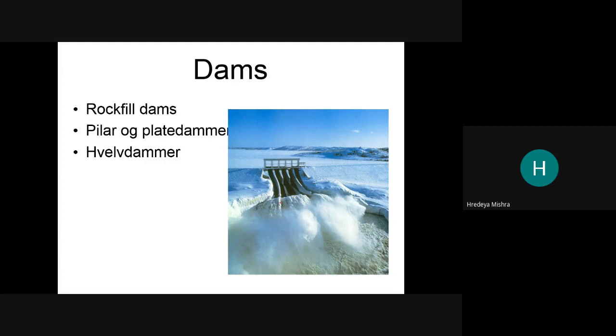See how much the velocity of the water is here. This is the large area where water is stored, and it is released through a very narrow area, so the velocity of the releasing water is very high.